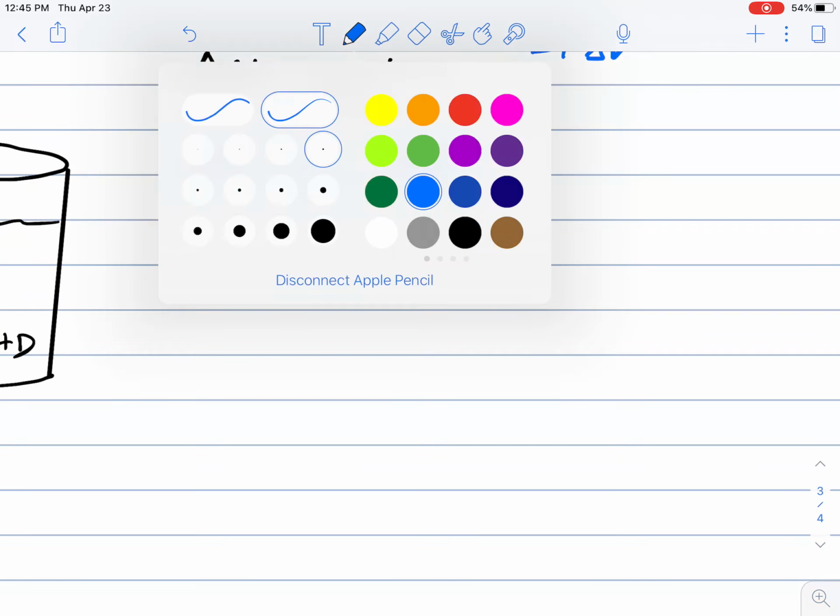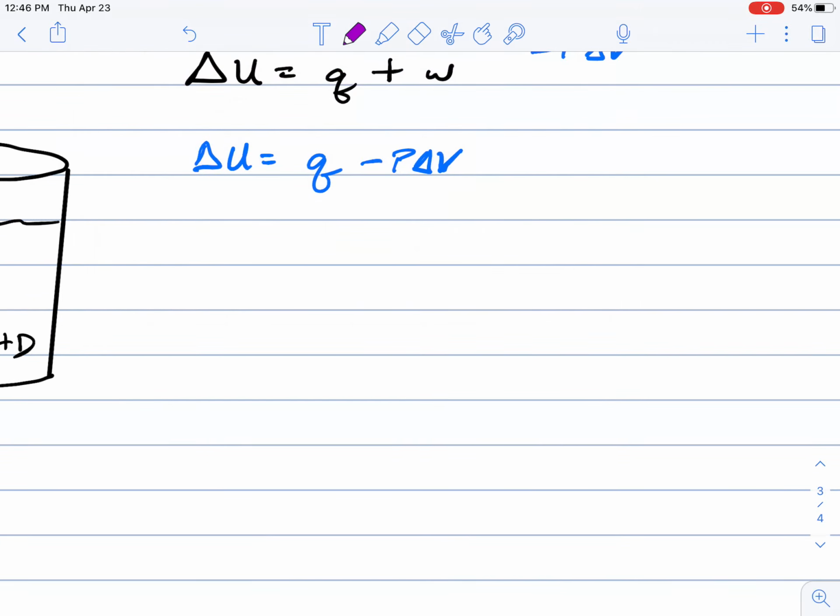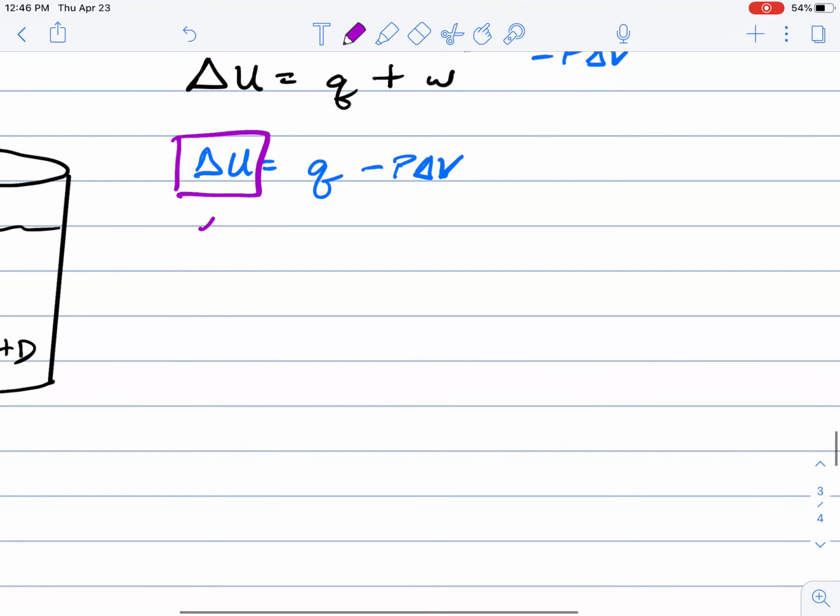Therefore, the change in internal energy can be calculated by determining the heat of the system, and you are going to take work into consideration, minus P delta V.